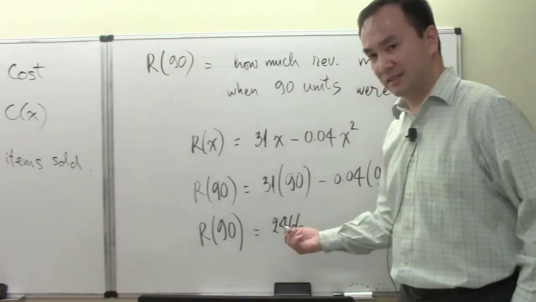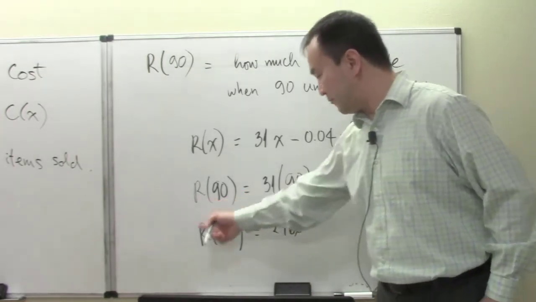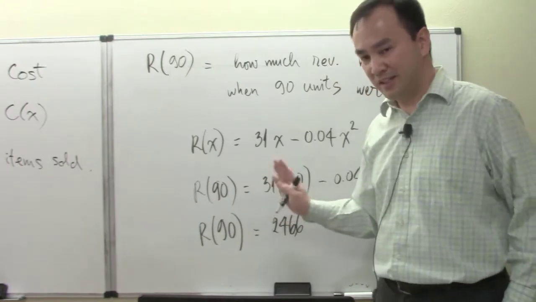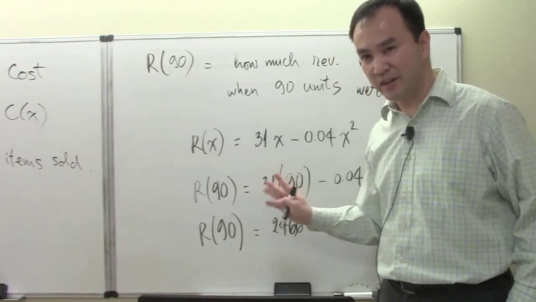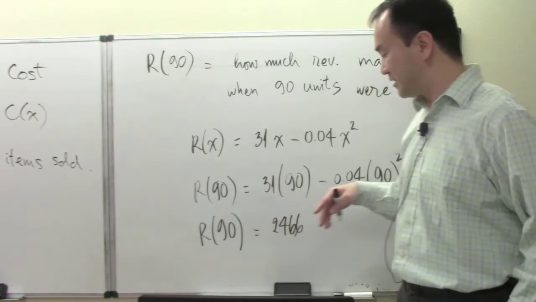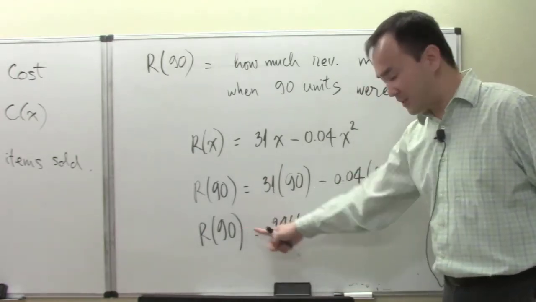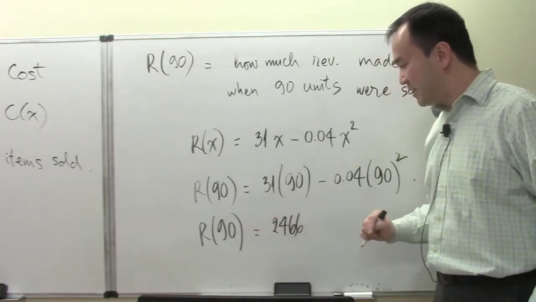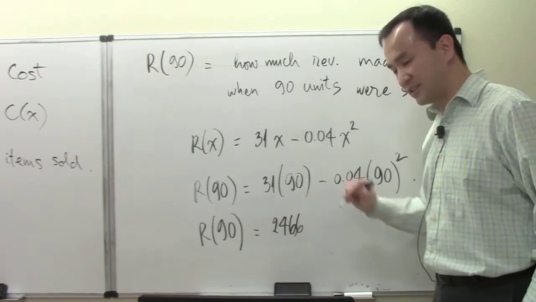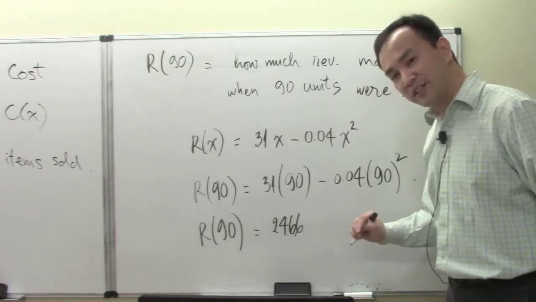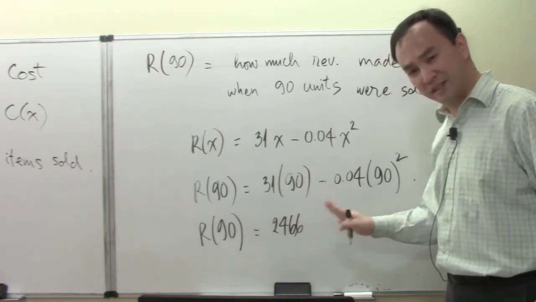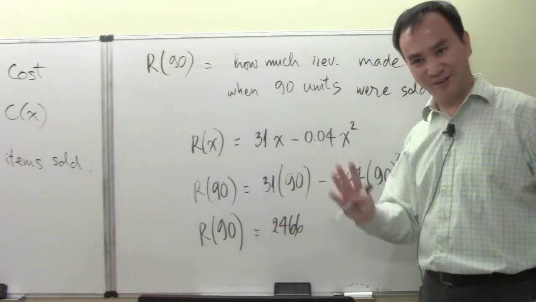I mean, if someone has a good sense about money, you can see that this is not a high price. Selling 90 units away, but only giving us a revenue of $2,466. It's not too much, but just stay with what it is here in our current problem.